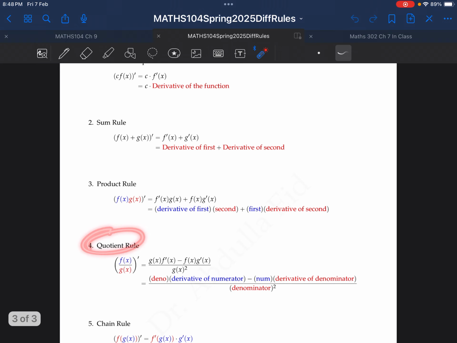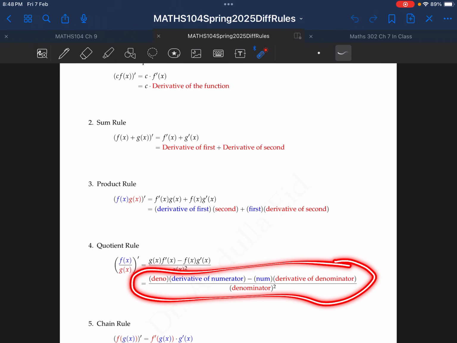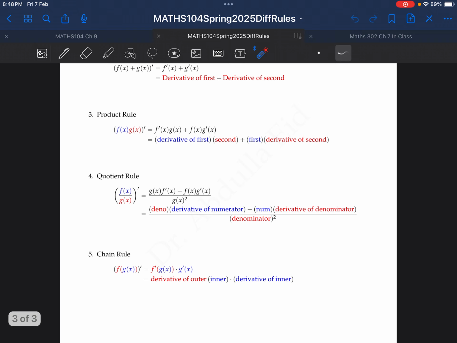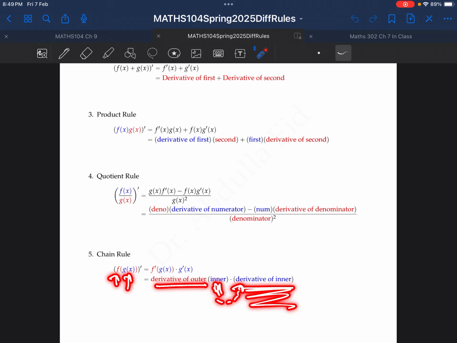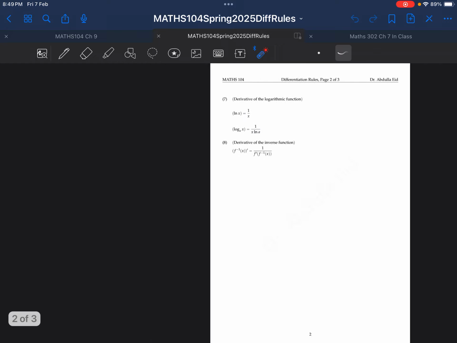We have the quotient rule, which is given by this whole formula here. And finally, we have the chain rule: if we have a function that is inner and outer, we find the derivative of the outer, we keep the inner, and then we find the derivative of the inner.